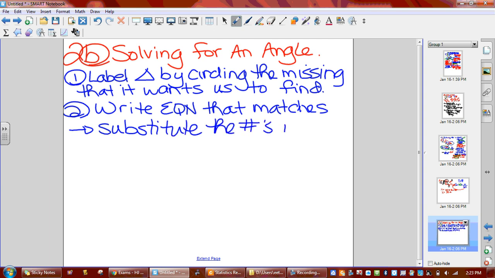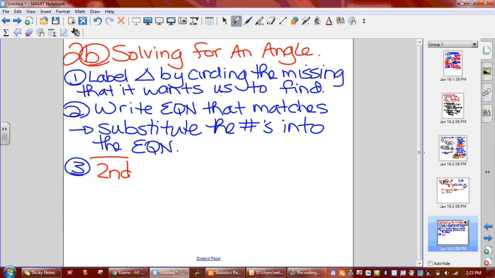Third step, we are going to now hit a special button first. It's called the second button. In order to solve an angle, we need to hit 2 buttons. So we're going to hit second, and then sine, cos, or tan, whichever it is. And then we're going to divide the fraction.